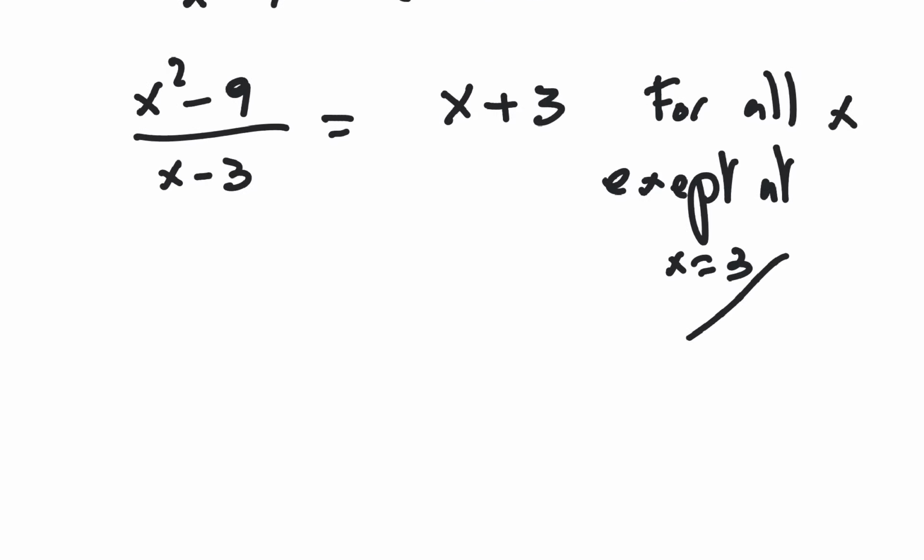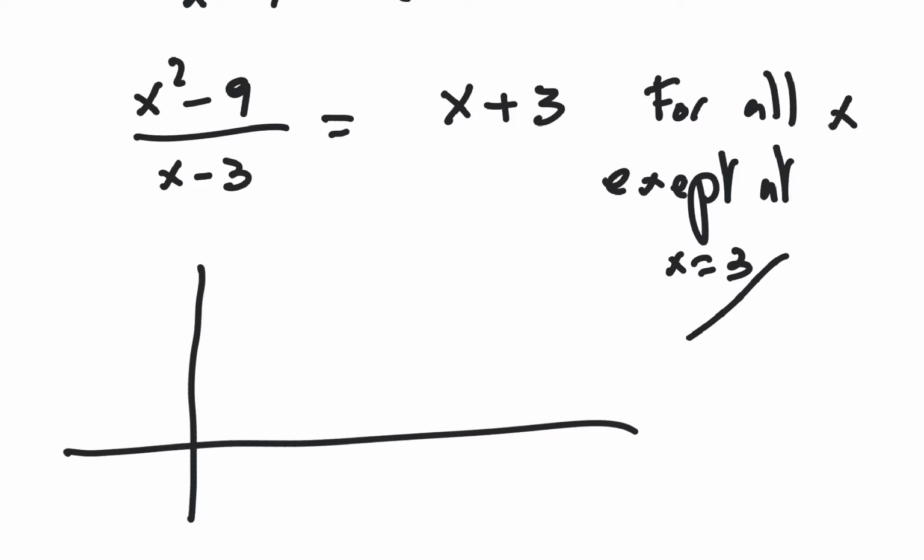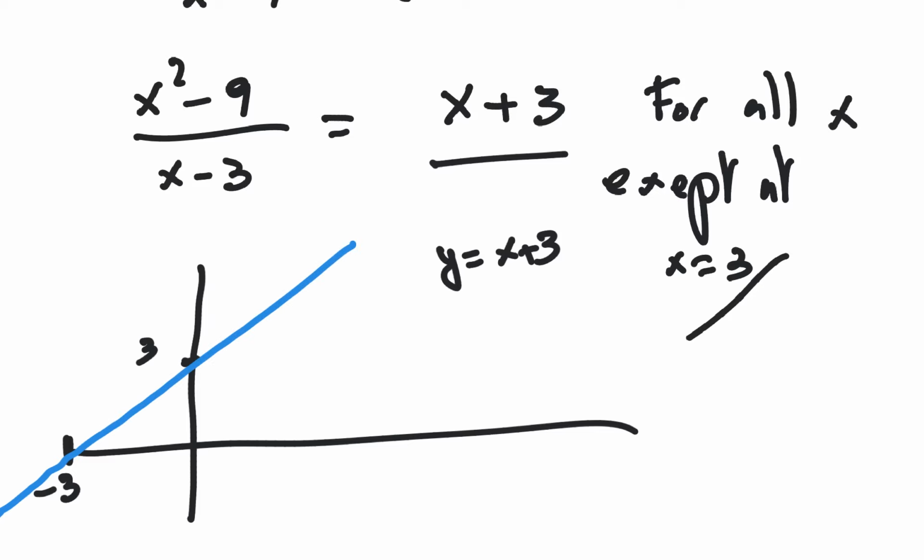So the graphing utility will show that if you represent x squared minus 9 divided by x minus 3, the line x plus 3 is a rectilinear line. I'm representing the line y equals x plus 3: when x equals 0, y is 3, and when y equals 0, x equals minus 3, so it is this rectilinear line. What does this mean?